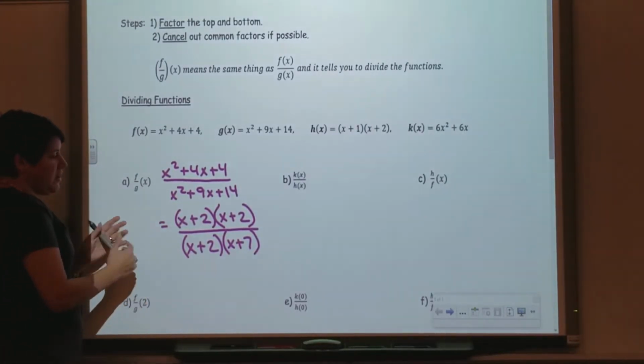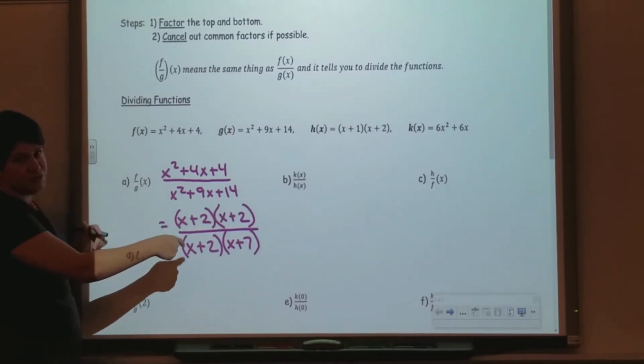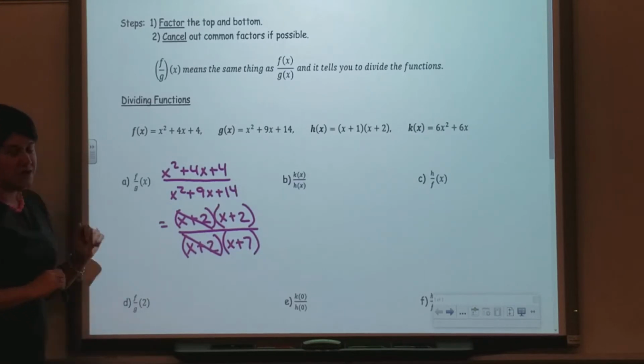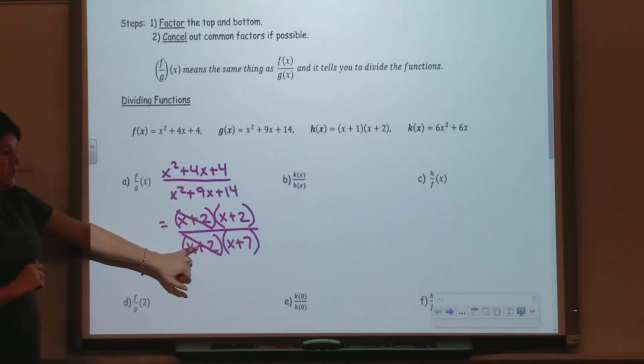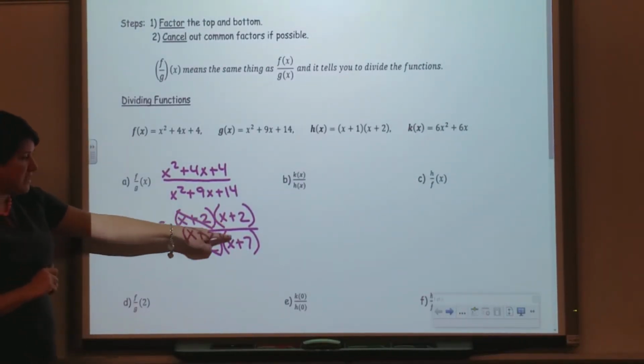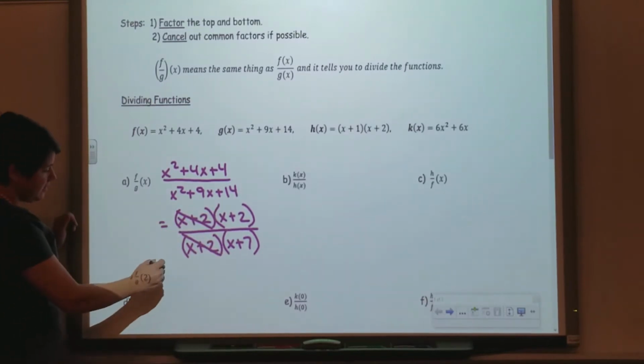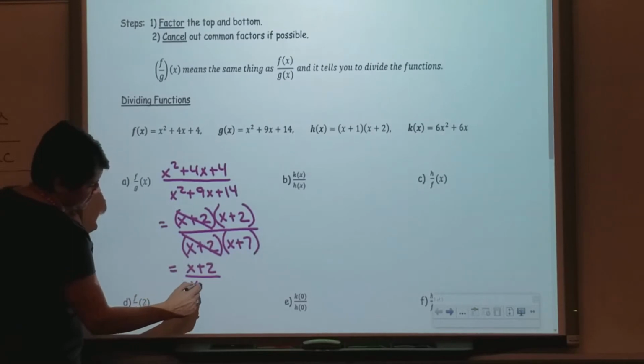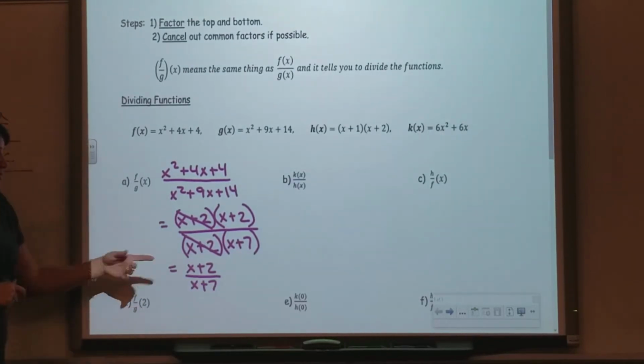So for example, you're not going to cancel out all of the x plus 2's. You're just going to cancel out this x plus 2 and this x plus 2, because these divided by each other will equal 1. You still have these left over, and that is actually your answer. So your final answer is x plus 2 over x plus 7. You can leave it like that, or you can put them in parentheses, I don't care.